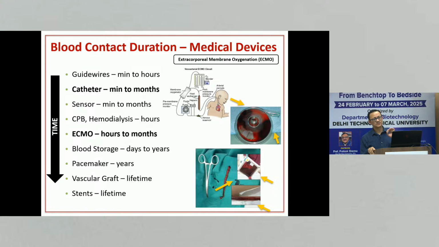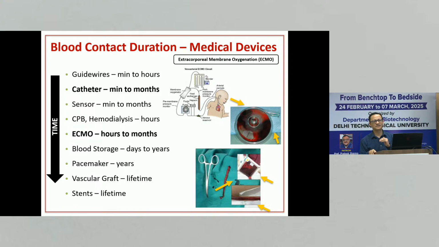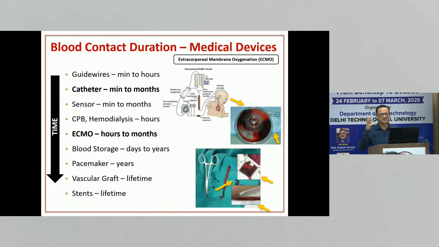Heparin is used clinically, that's the standard right now, but even with heparin, it is sometimes very difficult to prevent clot formation, right? All that black you are seeing is clot formation in those oxygenators, tubings, or catheters.